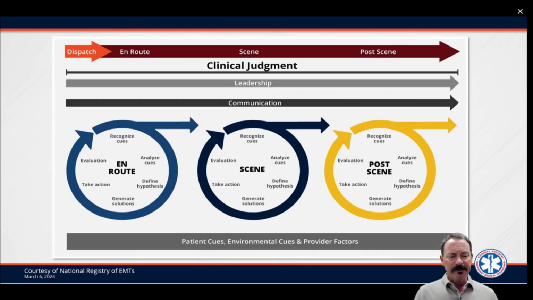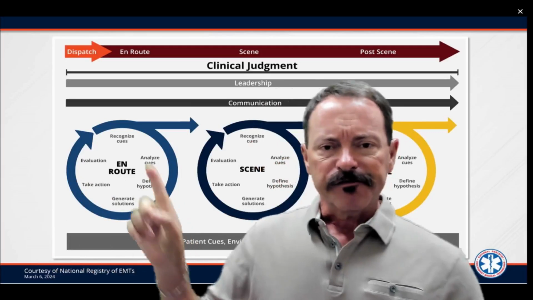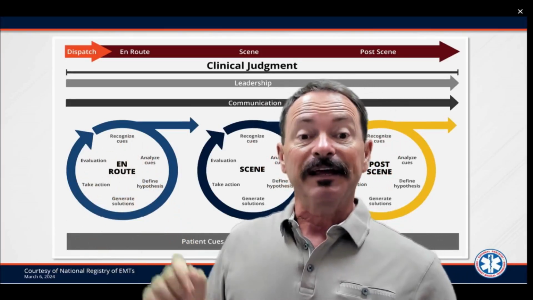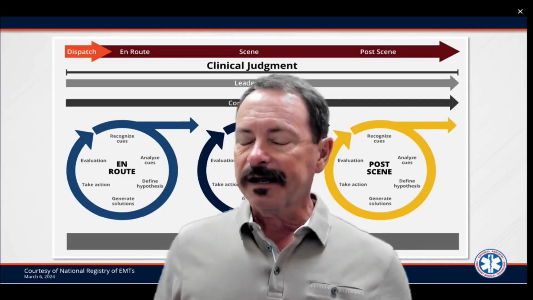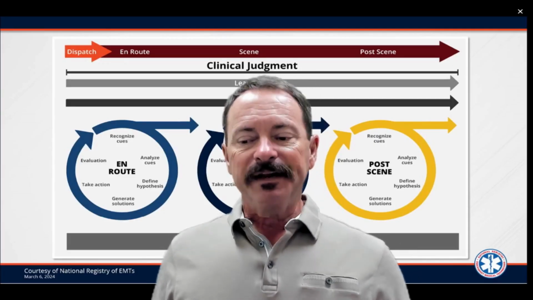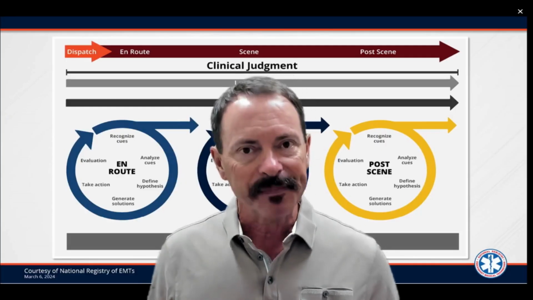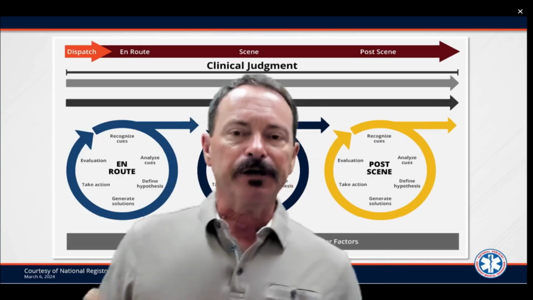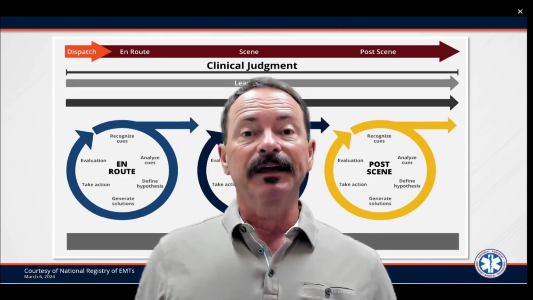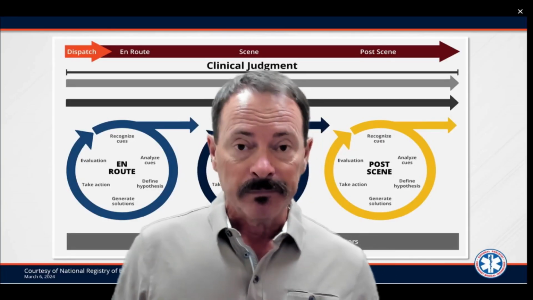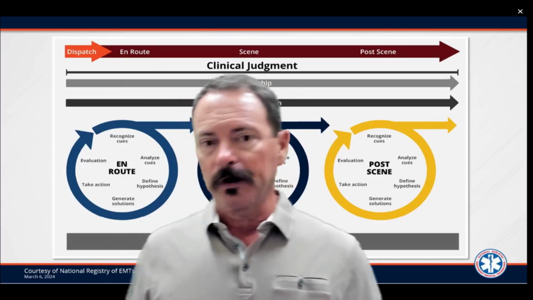So when we see how this little algorithm is working here, the first thing that we've got is en route to the scene. So we need to recognize the cues. We need to analyze the cues. We need to define our hypothesis, then generate solutions, take action, and then our evaluation. Okay, so that has to do with being en route to the call.